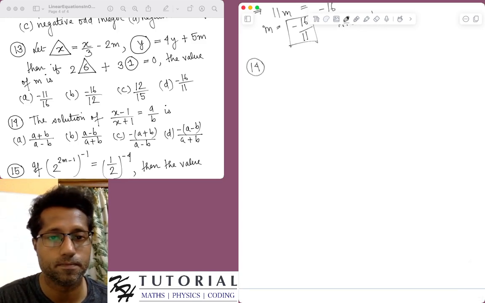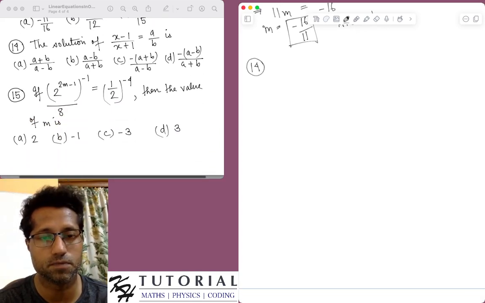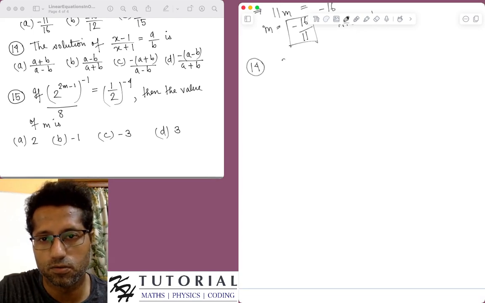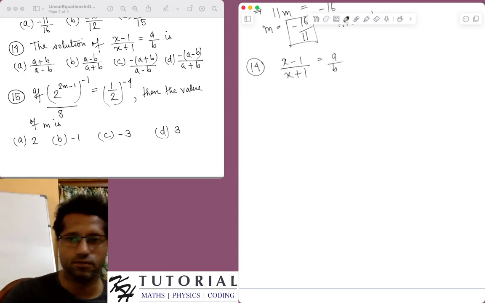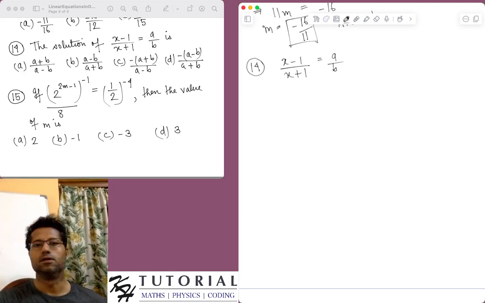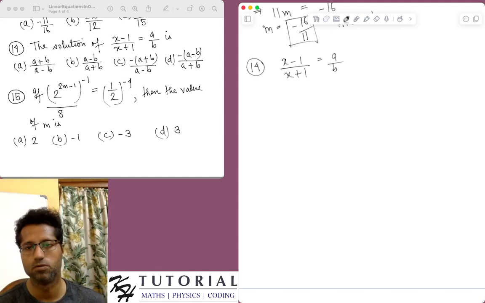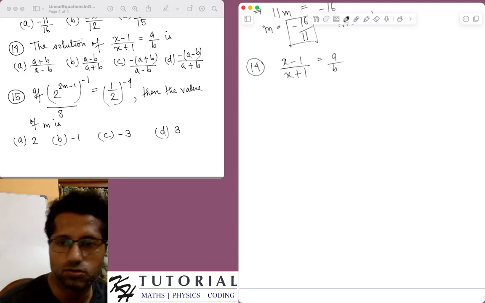Let's see question number 14. It says the solution of x minus 1 by x plus 1 equals a by b is, okay. So it is asking to find the solution of the linear equation x minus 1 by x plus 1 equals a by b. Whenever you solve this kind of equation, where you have on the LHS or RHS a rational term with variable terms in both the numerator and the denominator, you always do cross product.